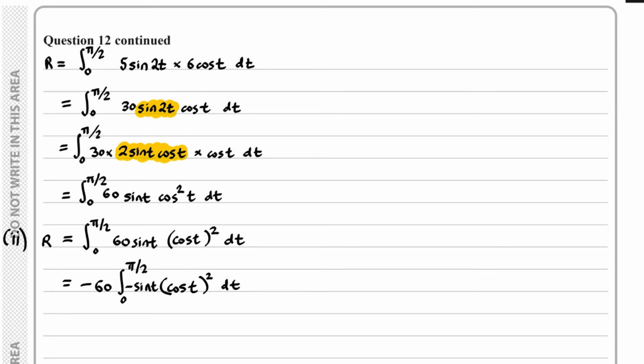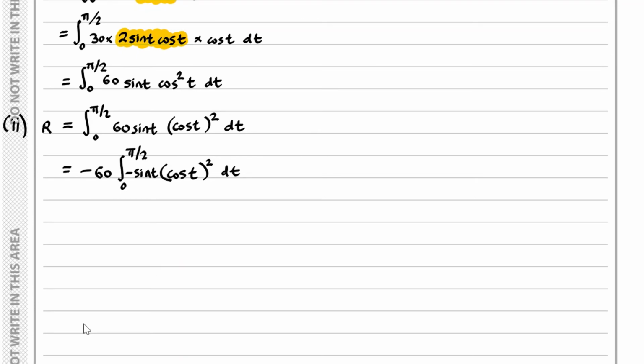So, using the reverse chain rule, where we add 1 to the power and divide by the new power, and then divide by the differential of the bracket, we have minus 60 lots of, if I open up a big bracket here, minus sine t times cos t cubed divided by minus sine t multiplied by 3.